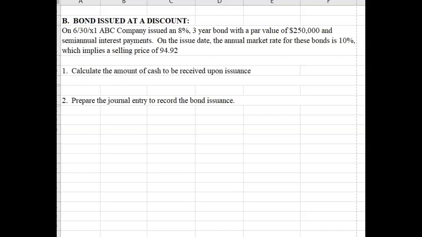If our bonds are paying less interest than the potential investors could earn by buying someone else's bonds, then we will need to sell our bonds for less than the par value in order to attract investors.